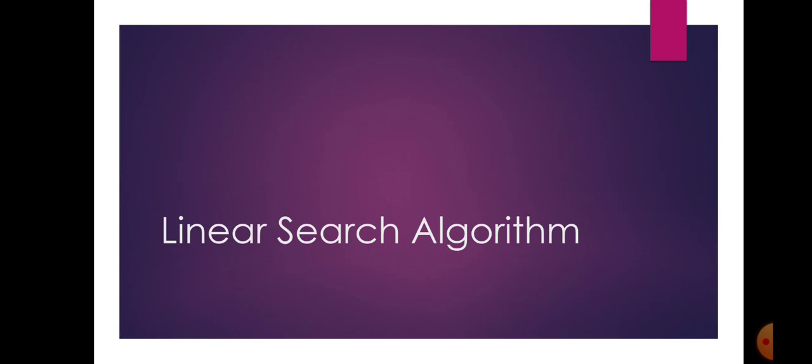Popularly, we have two widely used searching methods to search items in a list: linear search and binary search. Linear search is mostly used for the unordered elements of a list, whereas binary search is implemented on ordered elements only.